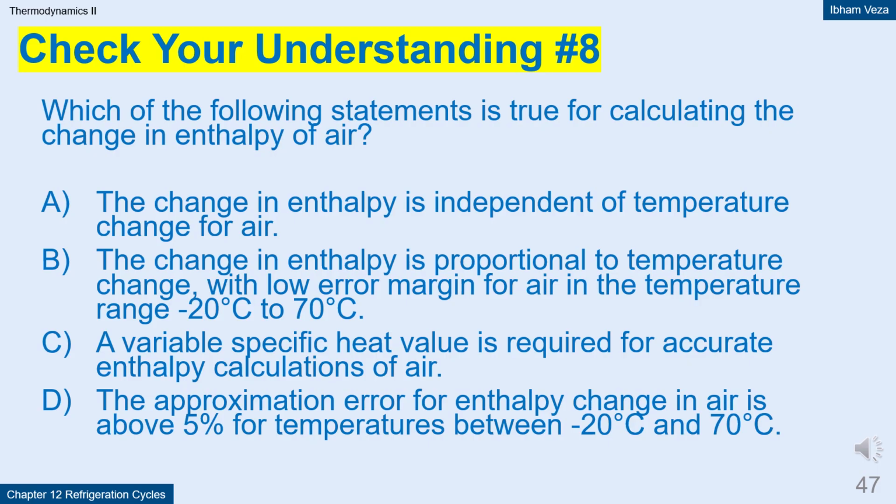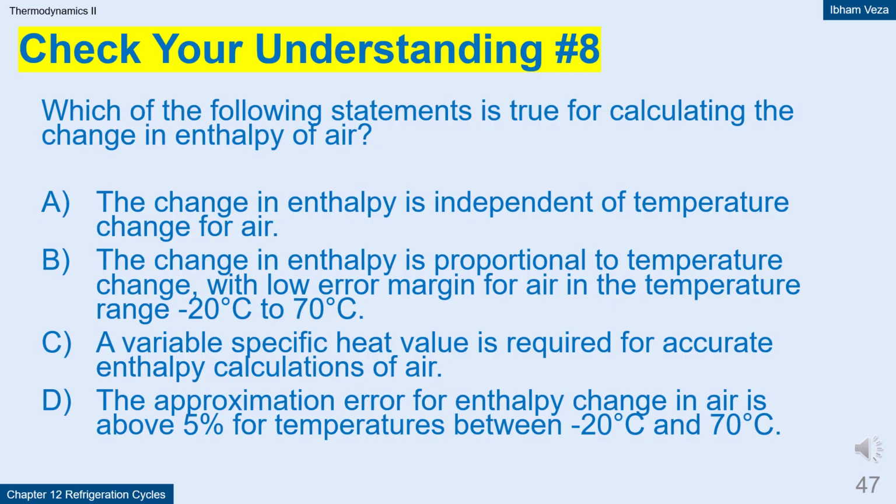This is incorrect because the question states that a fixed specific heat value provides accurate enthalpy calculations, not a variable one. D. The approximation error for enthalpy change in air is above 5% for temperatures between negative 20 degrees Celsius and 70 degrees Celsius. This is incorrect because the approximation error is below 0.5%, much lower than 5% for this temperature range.